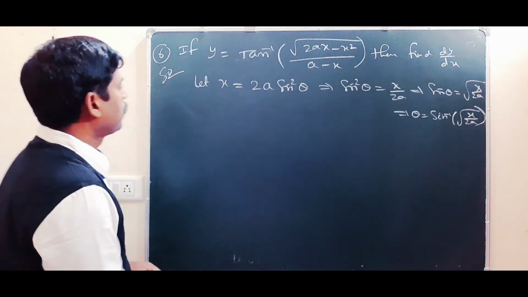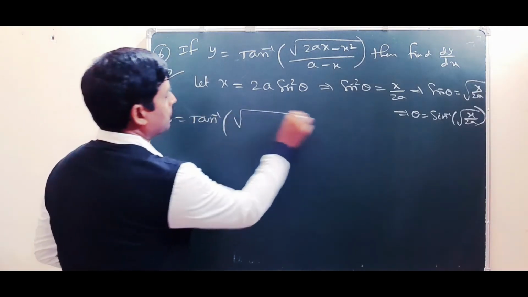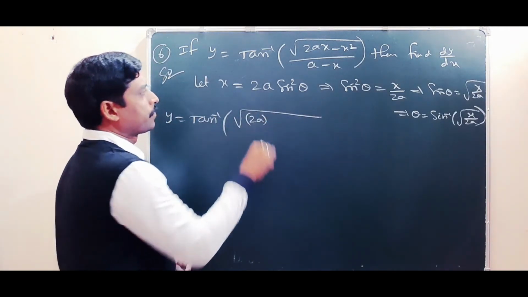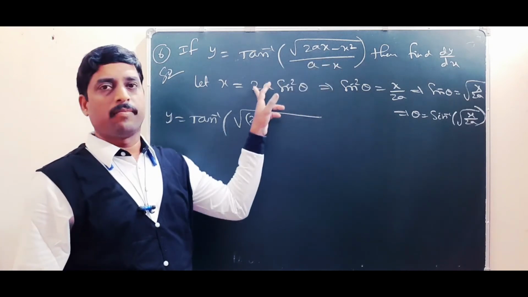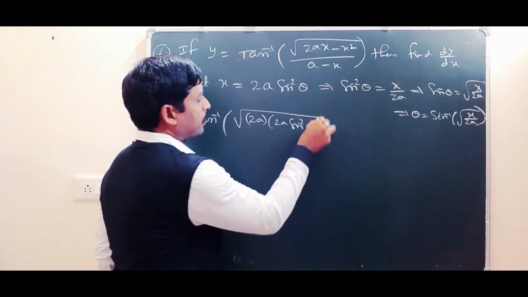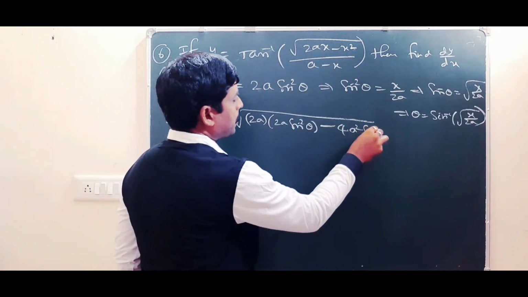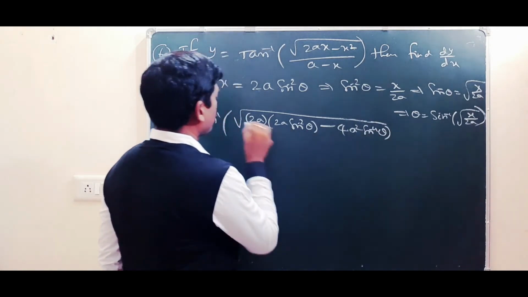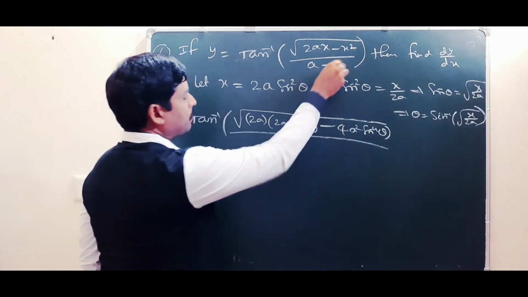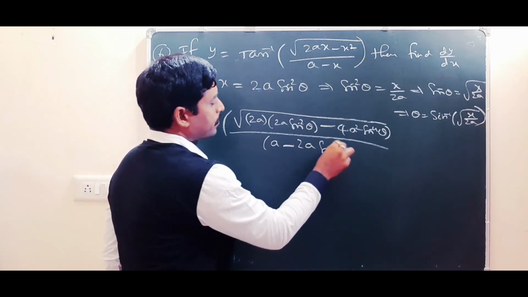Now y is equal to tan inverse of root under 2a into 2a sin square theta, minus x square, which is 4a square sin to the power 4 theta, upon a minus x. A minus x we write as a minus 2a sin square theta.